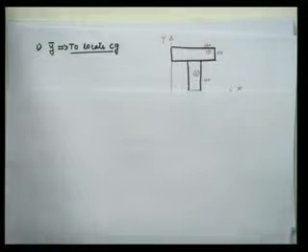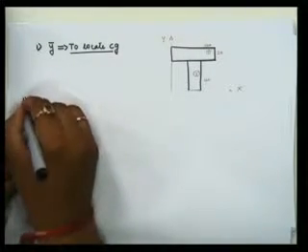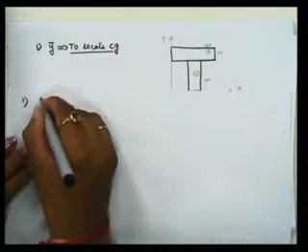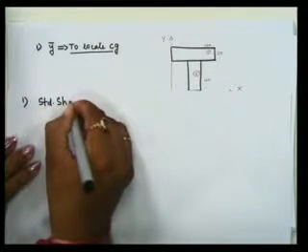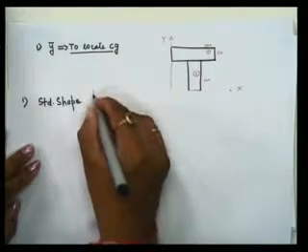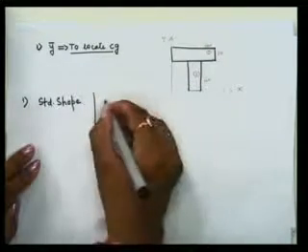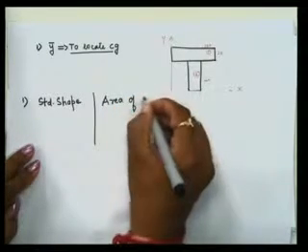Then we will have, so the first will be standard shape. Second will be area of standard shape.